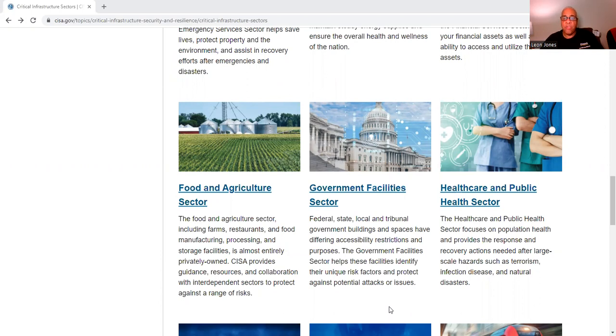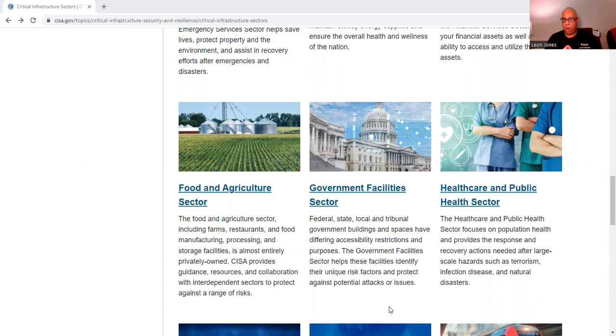So the government facility sector helps these facilities identify their unique risk factors and they protect against potential attacks or issues. Then there is the healthcare and public health sector.